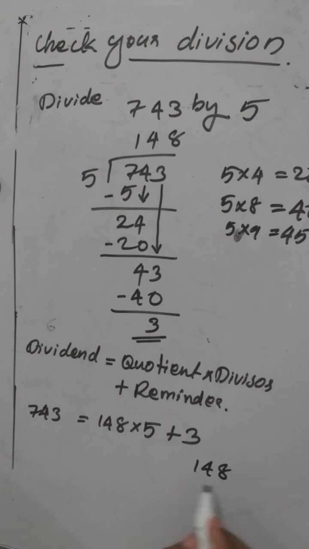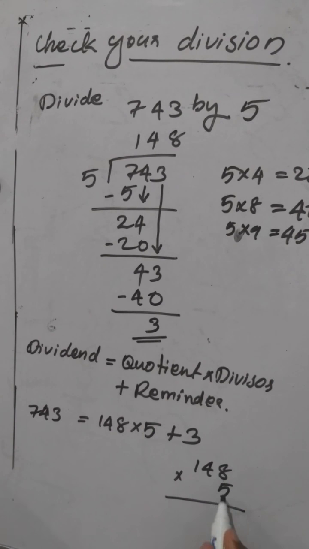148 multiplied by 5. 5 8's are 40. We can write 0 here. Then 5 4's are 20, 20 plus 4 is 24.